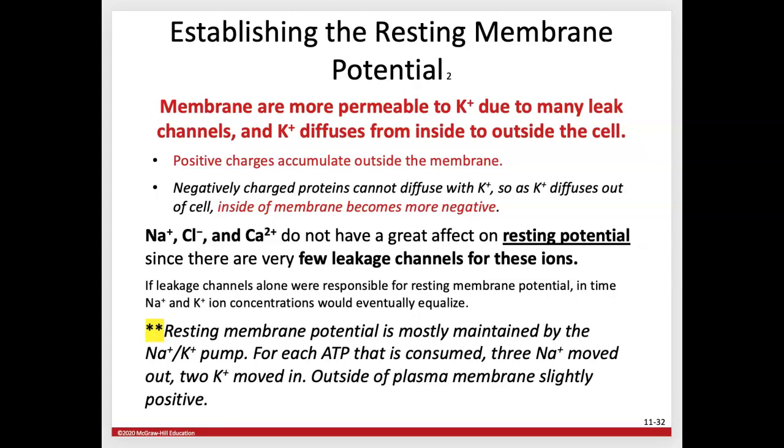With the sodium-potassium pump, we talked about this at the beginning of the semester, that for each ATP that is consumed, the sodium-potassium pump is able to pump 3 sodium ions out of the cell and bring 2 potassium ions in, leaving the outside of the plasma membrane slightly positive at rest.